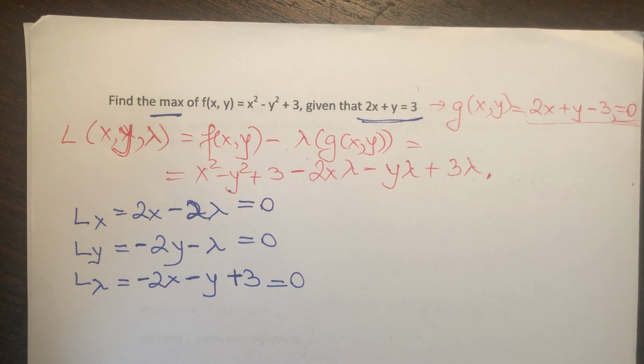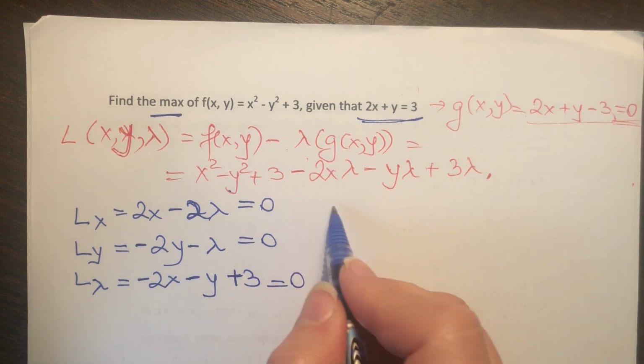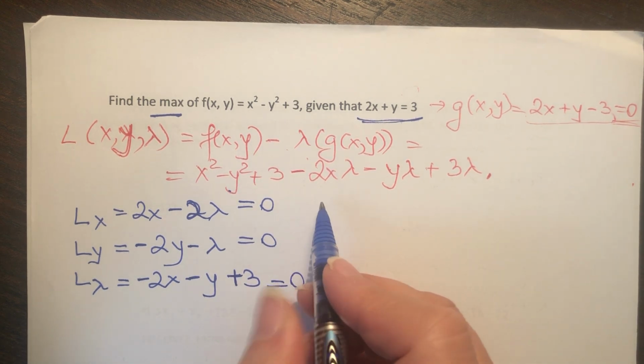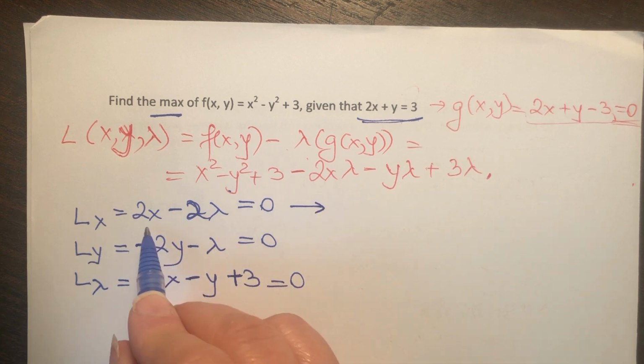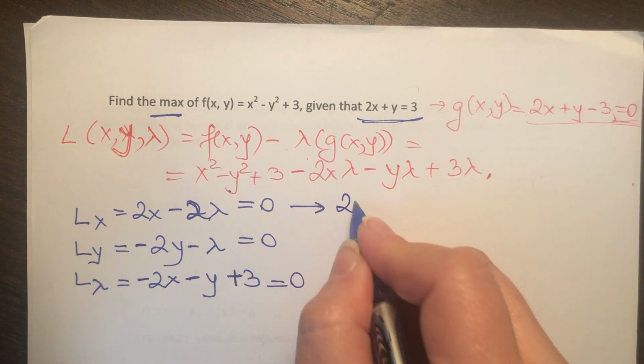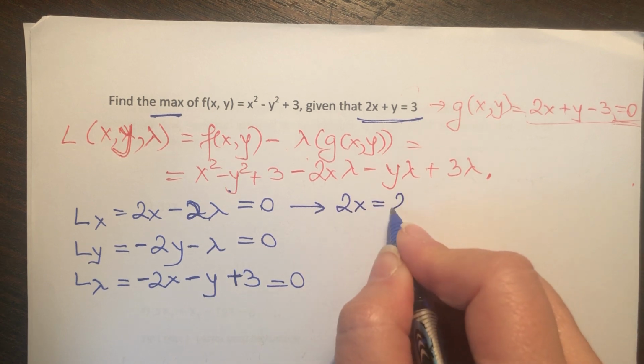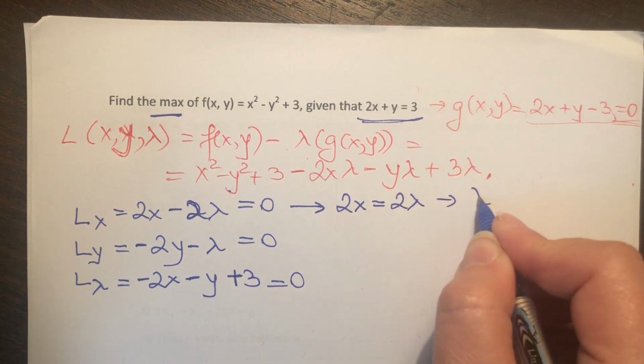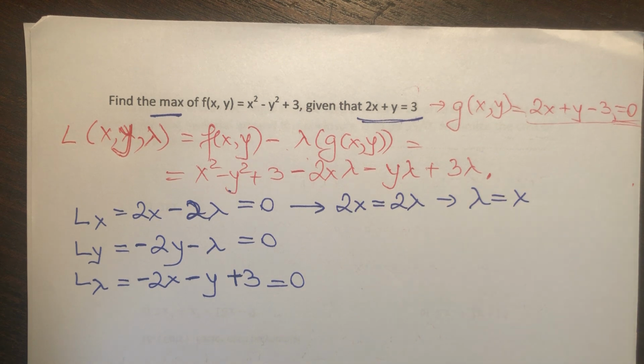So what did we say the method is? Take the first two equations and try to get lambda by itself. So the first equation says that if 2x minus 2 lambda is equal to 0, 2x must equal 2 lambda, which means lambda is equal to x.